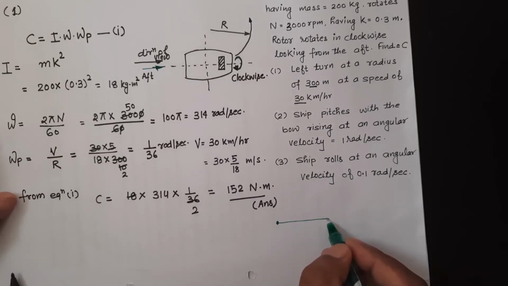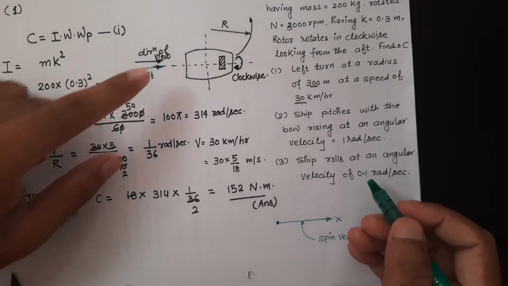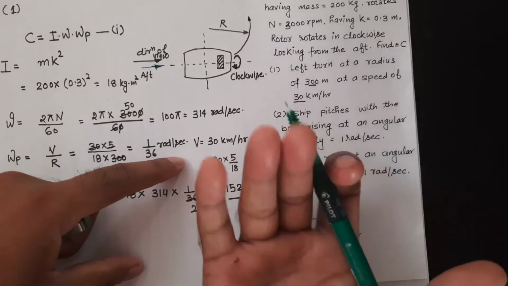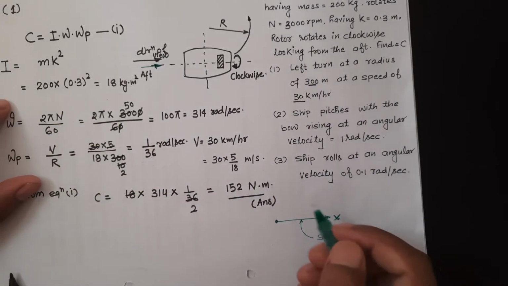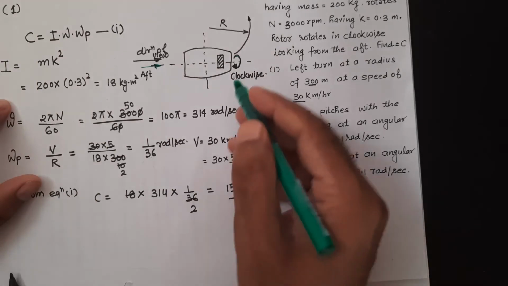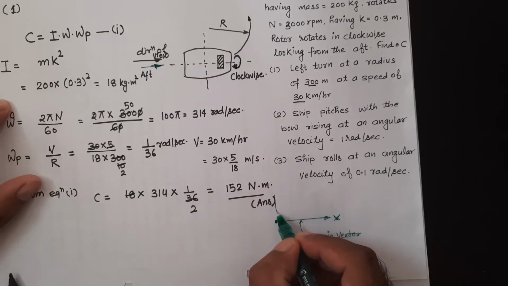Looking from here, it rotates clockwise, so the sense will be towards the positive x side, and the precession will be vertically on the left side, so precession will be on the y-axis.